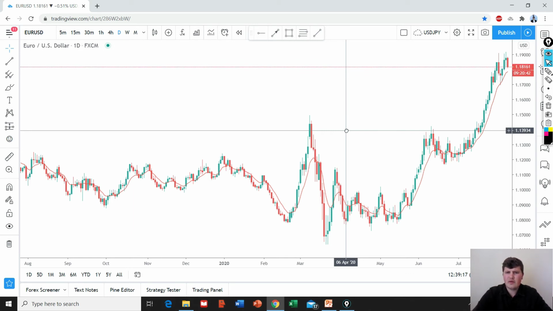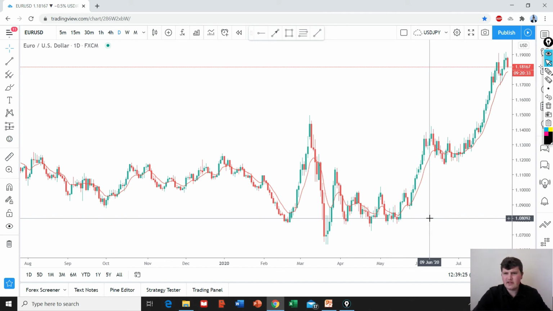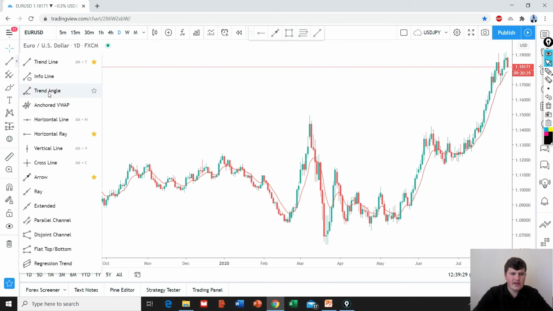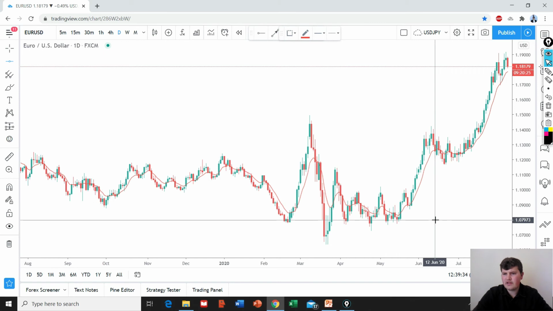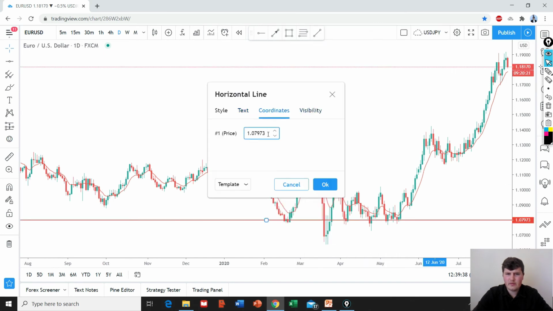Now, a rounded number on this EURUSD chart would be, I would say, 1.08. And let's just visualize that. I'm going to draw a horizontal line at 1.08, and you can even press in any coordinate value that you want on here for TradingView.